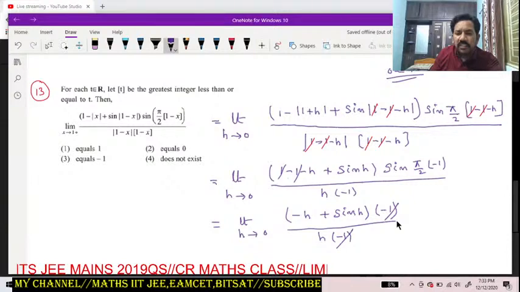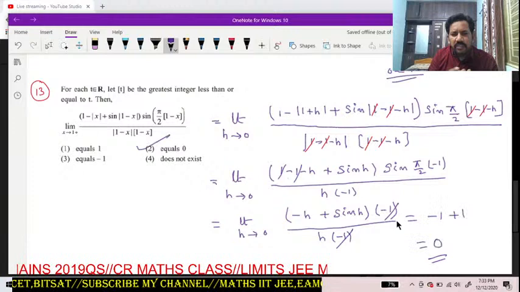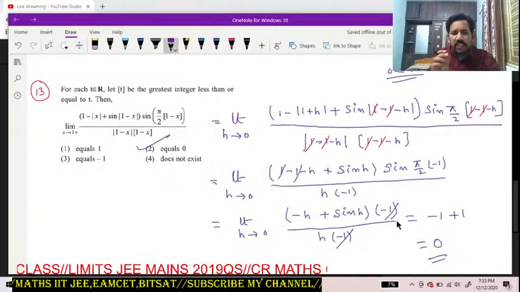Minus h divided by h, minus 1. Sine h divided by h, that value should be 1. So the total answer is 0. The second option is correct. These are not easy problems. So in 2019, 3 problems were given of this type of model. This is the second problem, already we have discussed. Okay, students, I think all of you understood now.